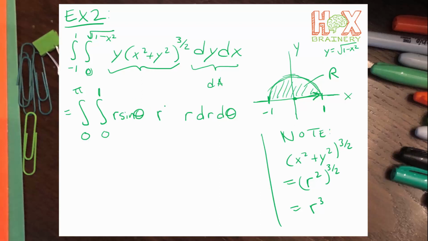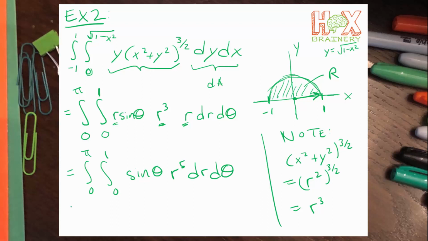So there's an r cubed there. Let's clean this up. We're going from 0 to pi, 0 to 1, and then we've got sine theta and r to the 5th, because there's this r cubed and this r, dr d theta.